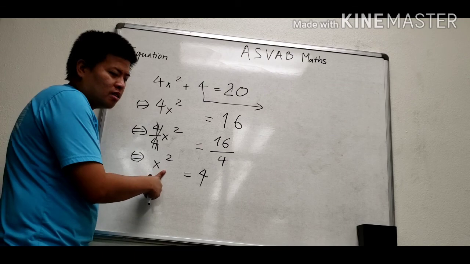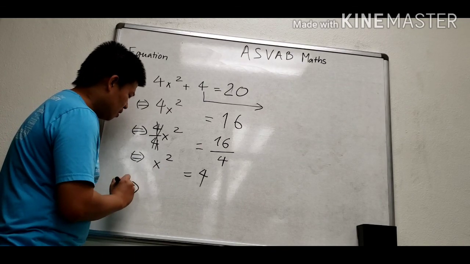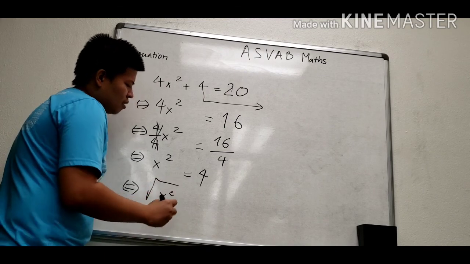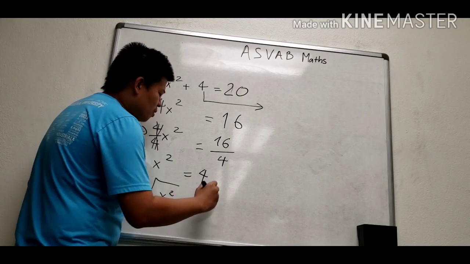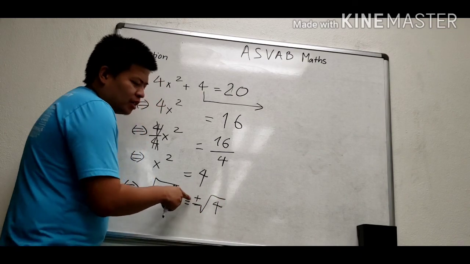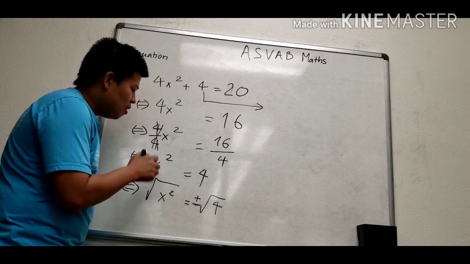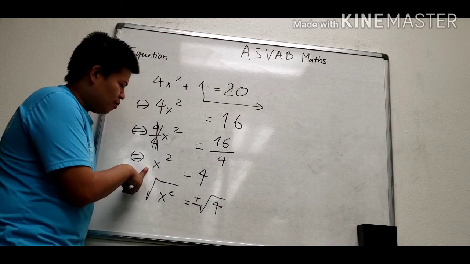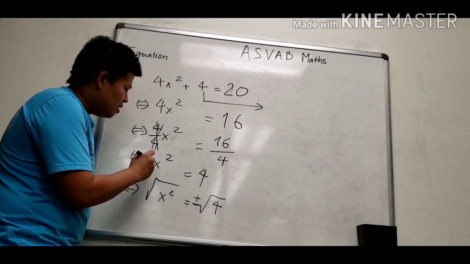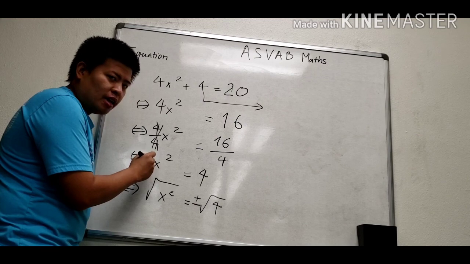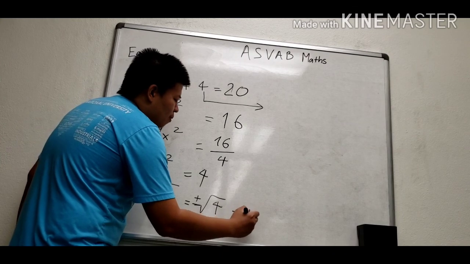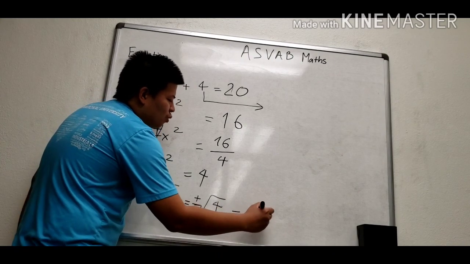After we do this, we will put the square root in here, and we put the square root on number 4, but we need to have positive and negative sides, because if we put the positive number in power 2, that's an even number, a negative number in here will become a positive number, so that we have positive and minus 2.